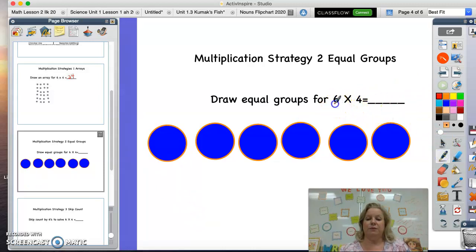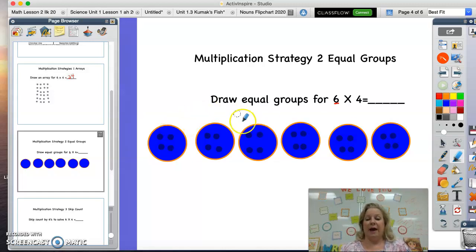Got 6 groups. And I think to myself, how many do I need to put in each group? Well, my other number in my equation is 4. So I'm going to put 4 in each group. 1, 2, 3, 4. 1, 2, 3, 4.